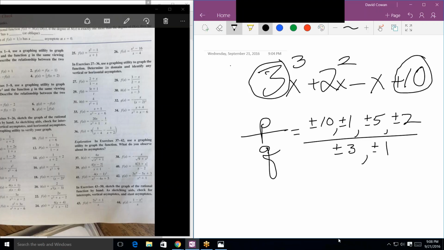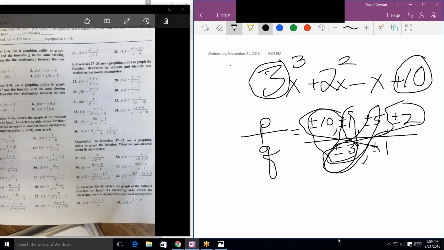And the fact that when you have two different numbers in the denominator, you have to take all combinations. In other words, you have to check 10/3, 1/3, 5/3, 2/3. And you also have to check 10 over 1, 1 over 1, 5 over 1, and 2 over 1. Both positive and negative of each one.